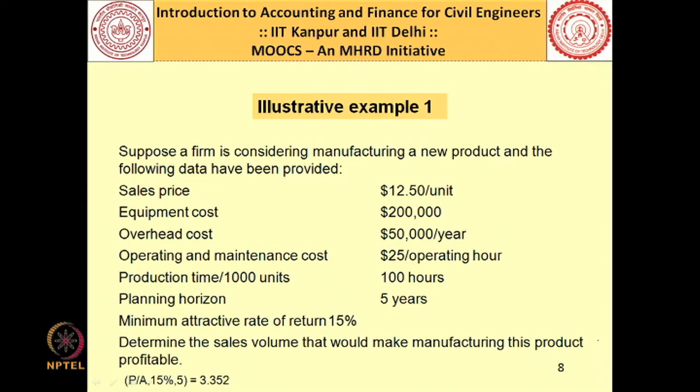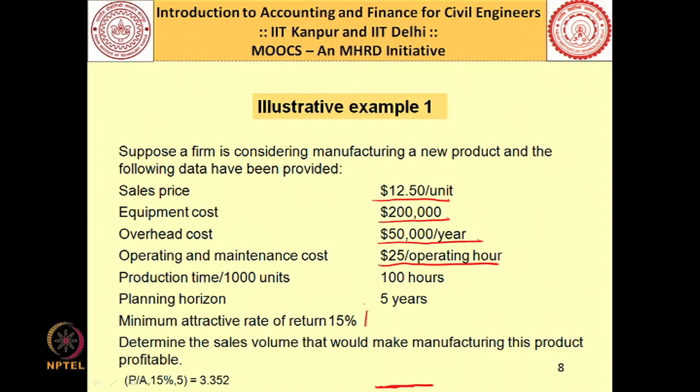Let us assume that a firm is considering manufacturing a new product and these data are available to us. The sales price is $12.5 per unit, the equipment cost is $200,000, overhead cost is $50,000 per year, operating and maintenance cost is $25 per operating hour, production time is 100 hours for 1000 units, and the planning horizon is 5 years.